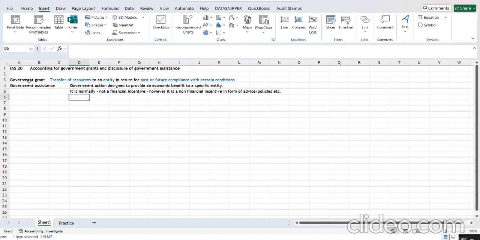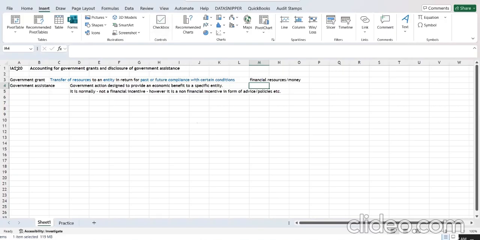So in government grant, government is actually giving you financial resources. They are giving you money that if you do this, we will give you X amount of money. And government assistance is not in form of money, but it is in form of advice that they're giving to the entities in form of different policies that they're developing, or they are helping the entity in meeting certain regulations. So it is a non-financial incentive, right?